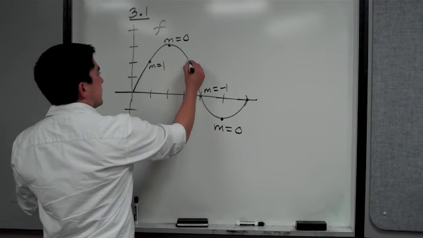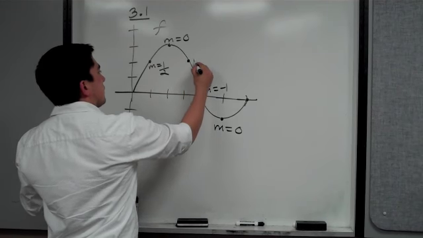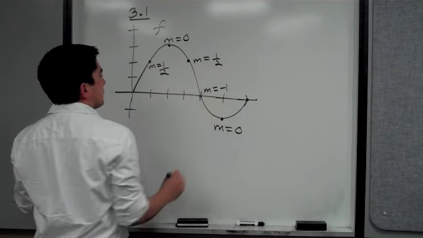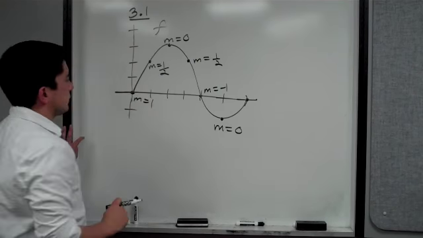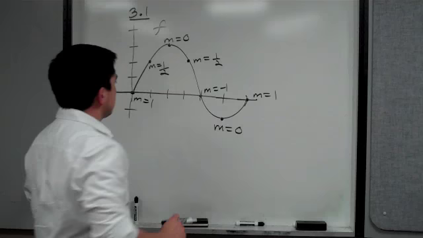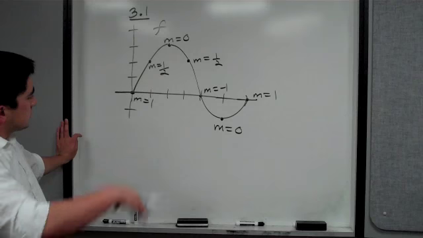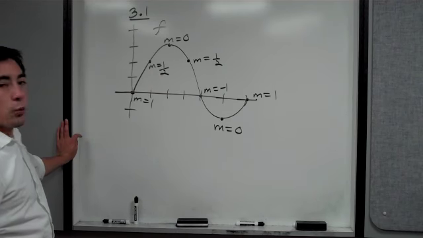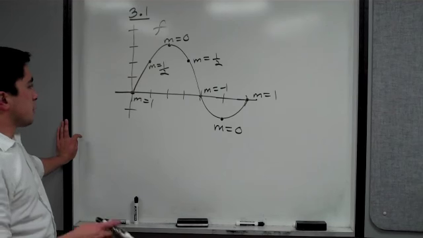Let's say the slope at this point, actually let's make this 1/2. The slope here, m equals 1/2. And we'll say right here at the very beginning, m is equal to 1. Okay? And lastly, m equal to 1. Hypothetically, okay? Just assign values off the top of my head. So we're going to use these slopes to graph the derivative.